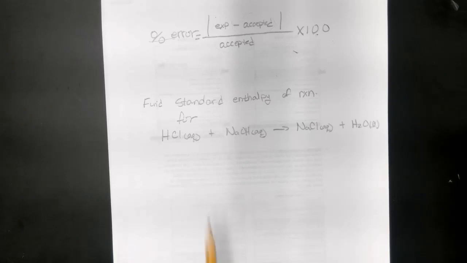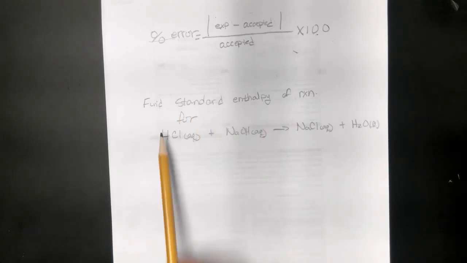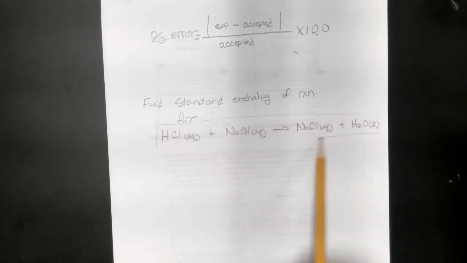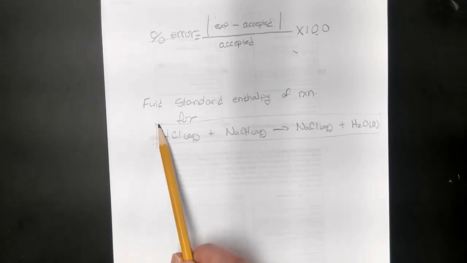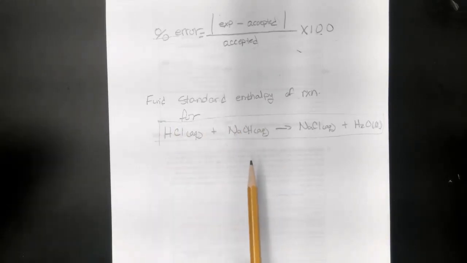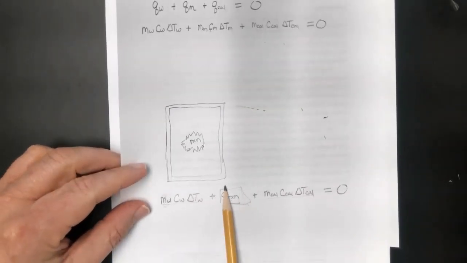This is the reaction that's occurring in our calorimeter. So you need to find a standard enthalpy of reaction for this reaction. You can find it in the back of your textbook. And then I want you to compare your value that you find in the textbook to the value that you calculate here.